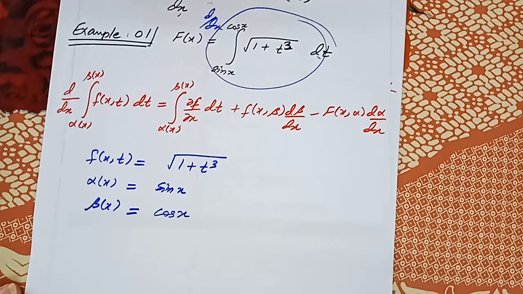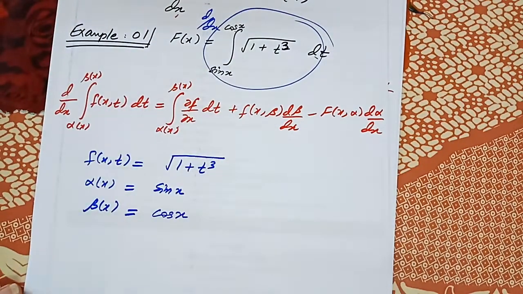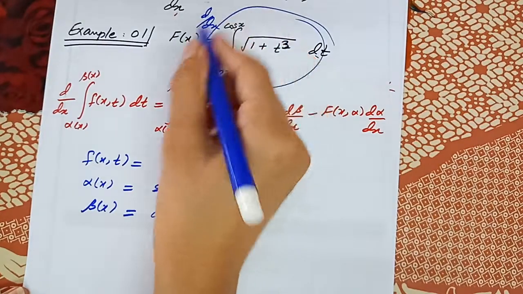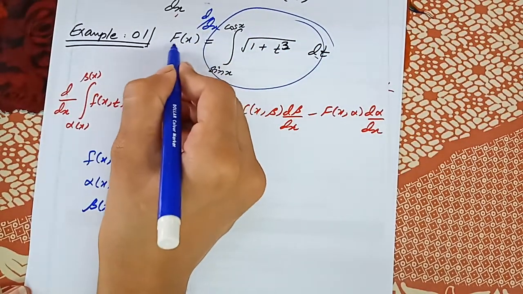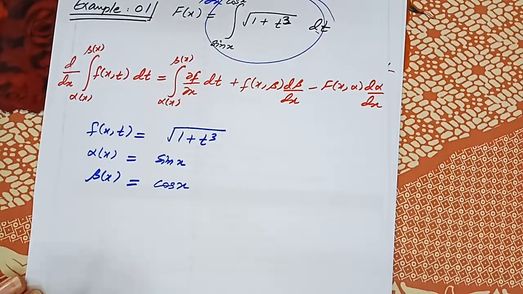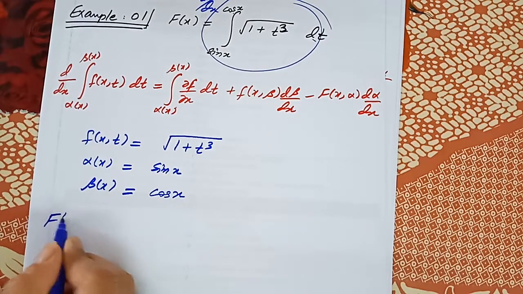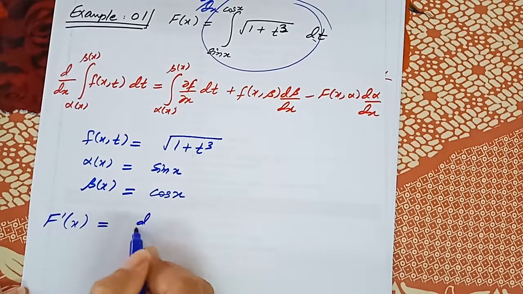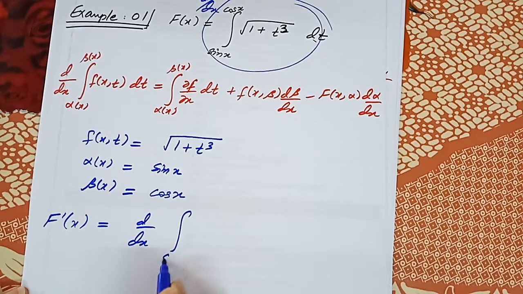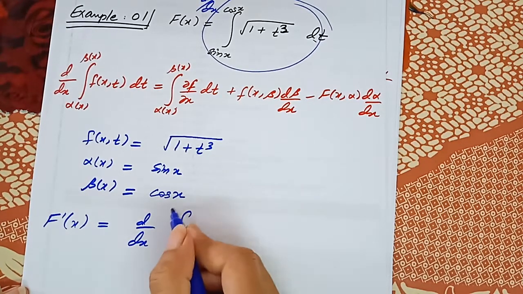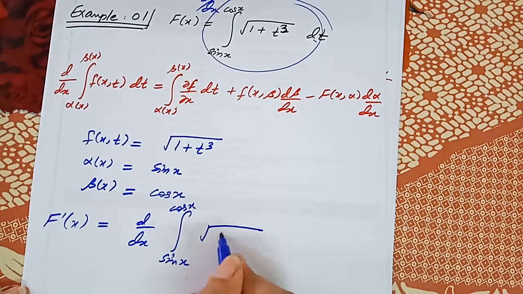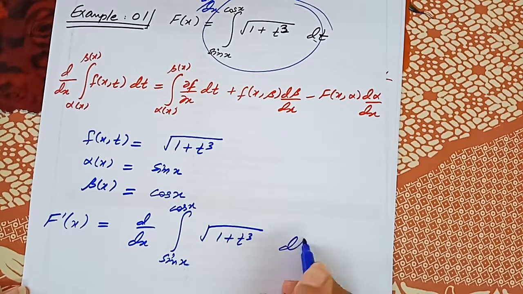Now we are going to use all these values in this Leibniz rule. So this derivative, we can write it as df by dx as well, or simply f prime of x. So f prime of x is basically finding the derivative of this integral, sine of x to cosine of x, square root 1 plus t cube dt.